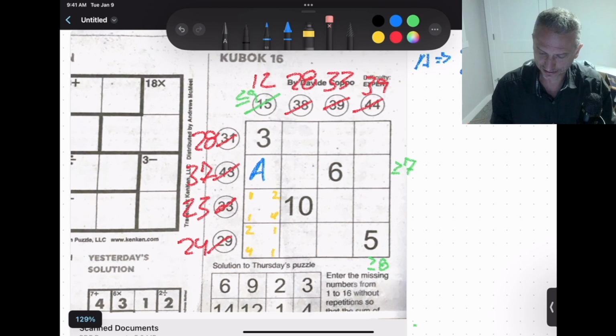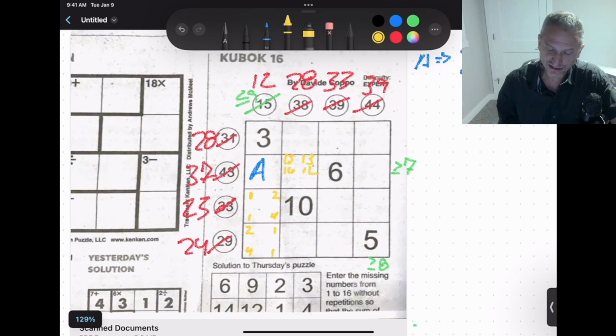Okay, so I'll go ahead and write those possibilities in here. And I won't write them in both. I'm just going to write them into one. 15, 13, 28, 16, 12. If it's 9, it's 28.